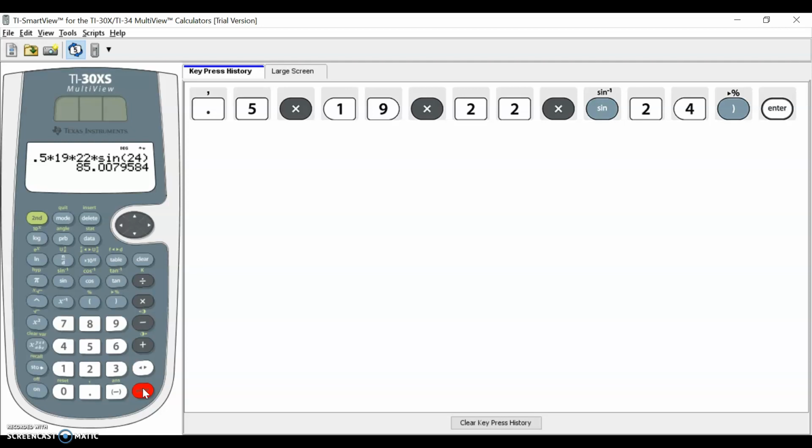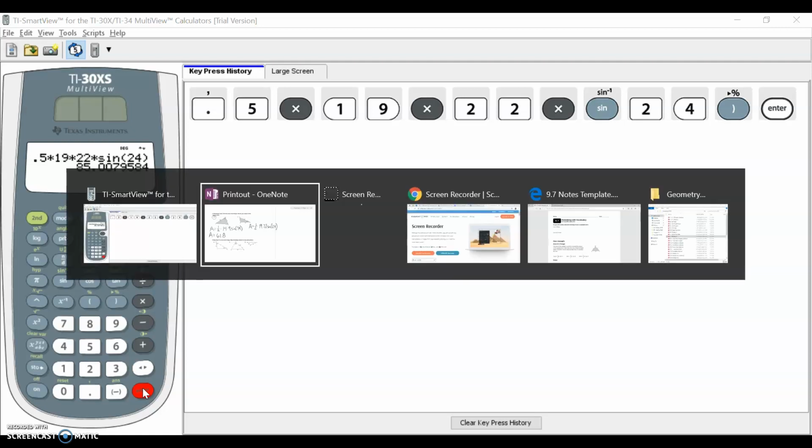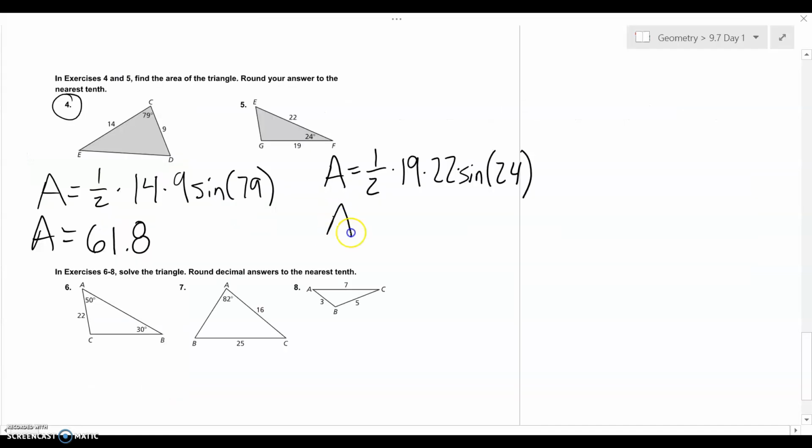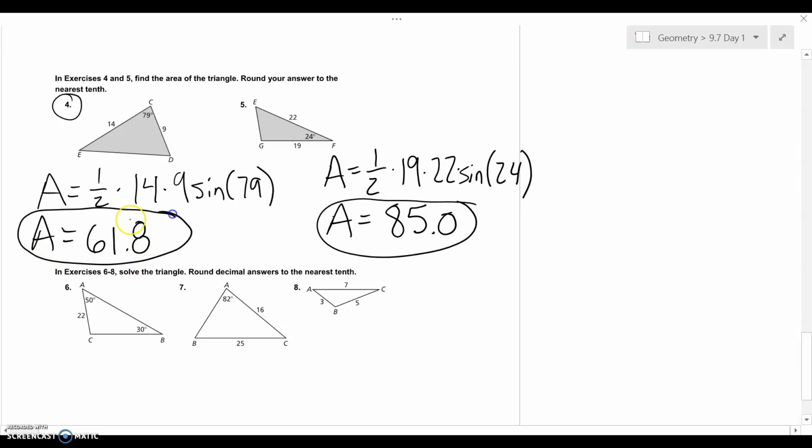Our area is 85.0. So I'll jump back to our sheet, and I'll say our area is 85.0. And that's really it. That is using this new formula for the area of a triangle that, instead of using the height, incorporates this sine to get the area of any triangle.